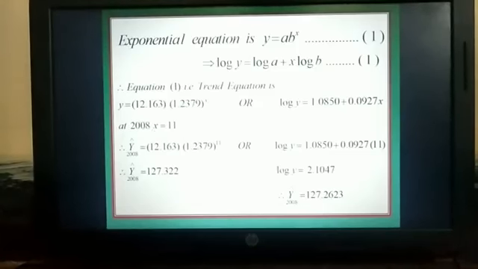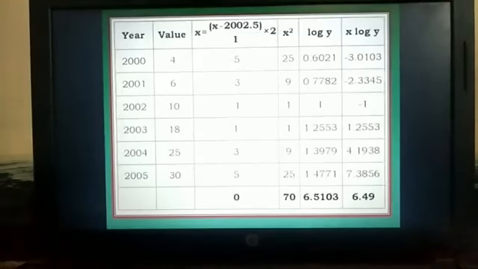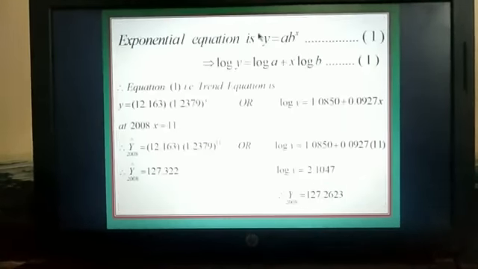When you see in the previous slides, x was x minus 2000.5 divided by 1 multiplied by 2. For that, when you consider 2008, what will it become? 2008 minus 2000.5 divided by 1 multiplied by 2. That will give you x is equal to 11. So we need to substitute in this trend equation, either in this or in this.